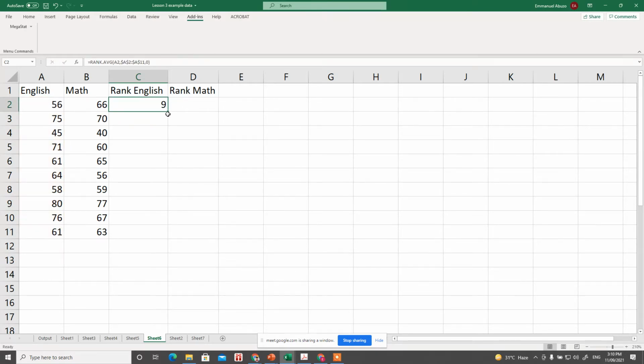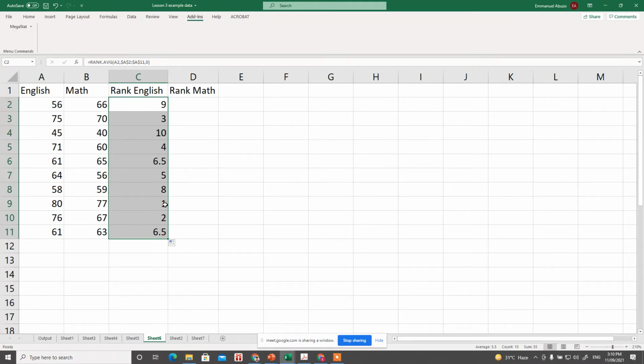So here, 56 is rank 9. Here we have 61, 61, that is 6.5.